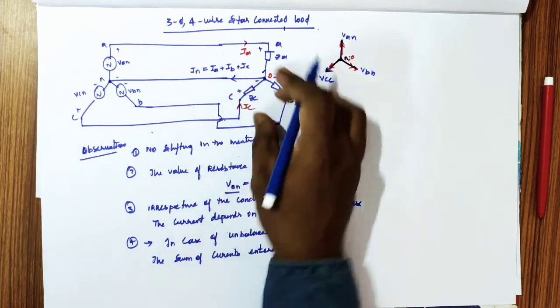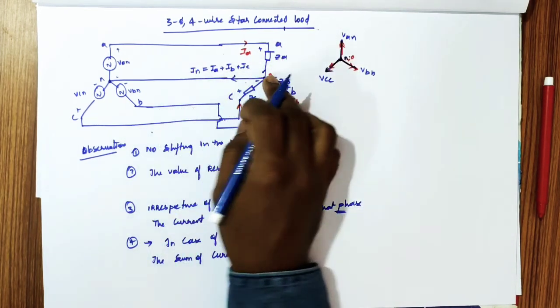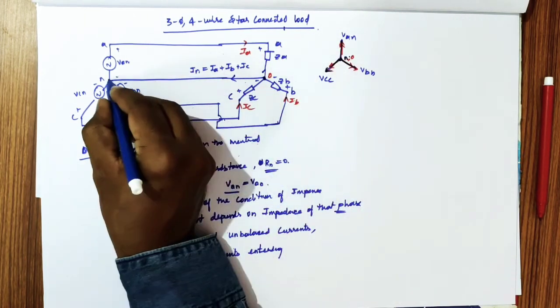So the currents entering will be equal to the current leaving, which is going to the neutral point.